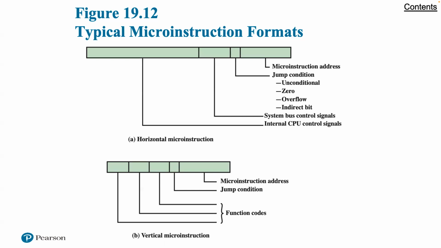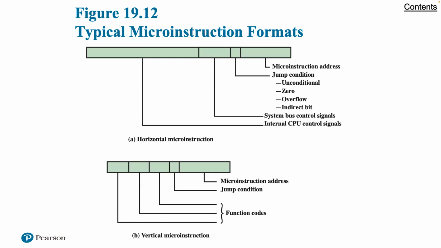Such a microinstruction is interpreted as follows. To execute the microinstruction, turn on all the control lines indicated by a 1 bit, leaving off all of the control lines indicated by a 0 bit.